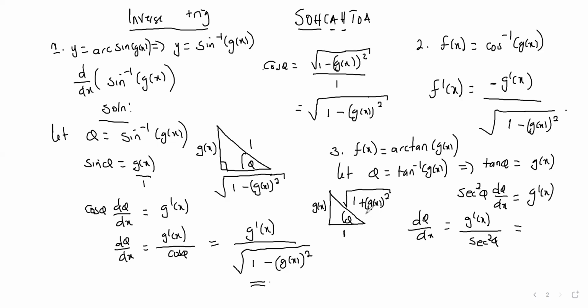Sec is hypotenuse over adjacent. So adjacent is 1, so we just have the hypotenuse, and then it is squared. So when you square the hypotenuse, it will remain as 1 plus g(x) squared. Yeah, so it will be like this.